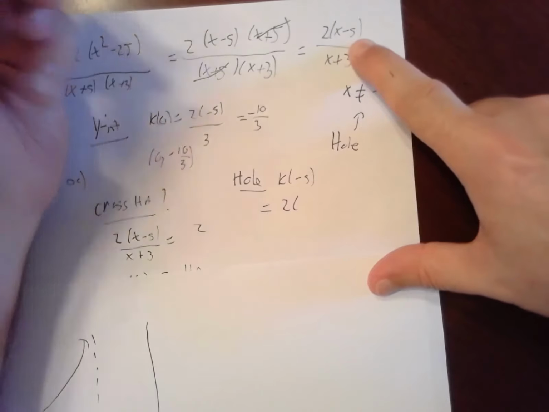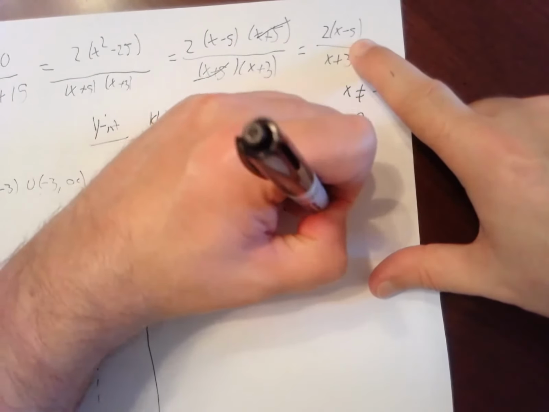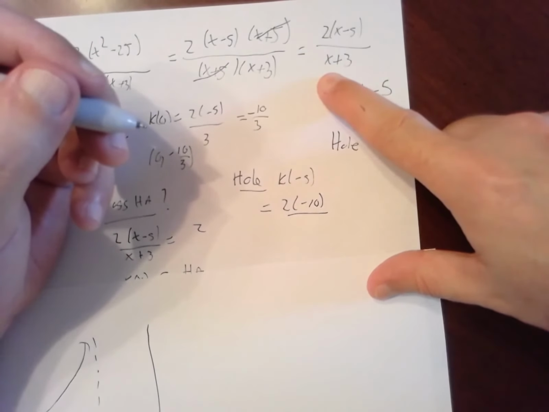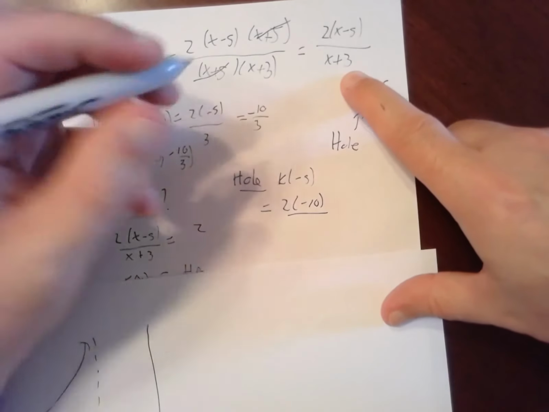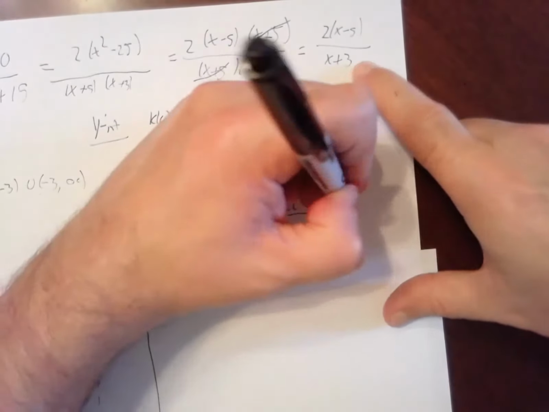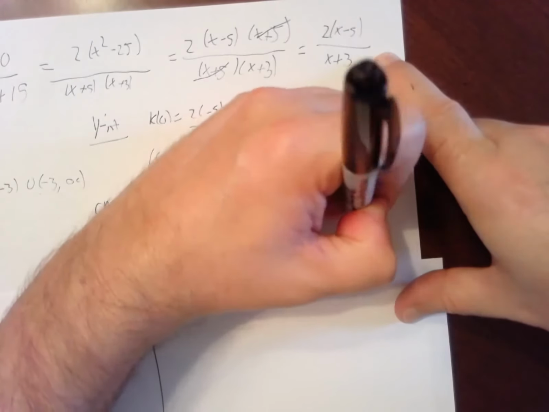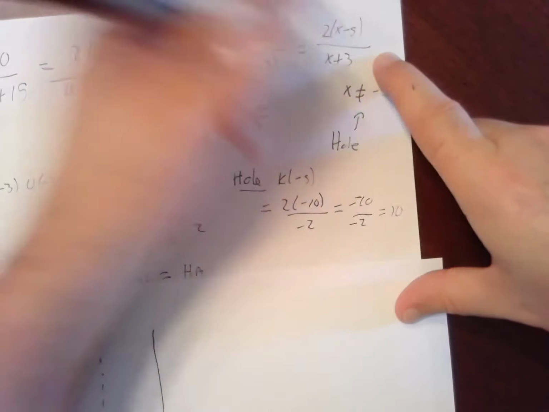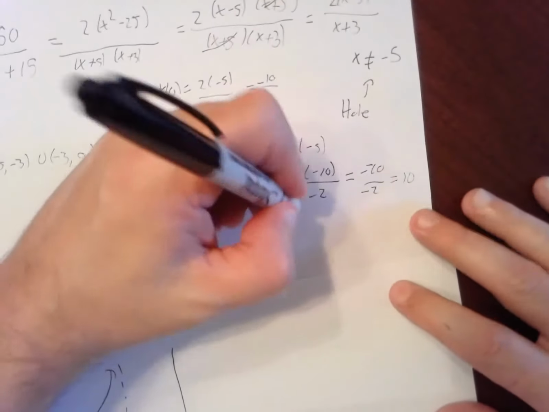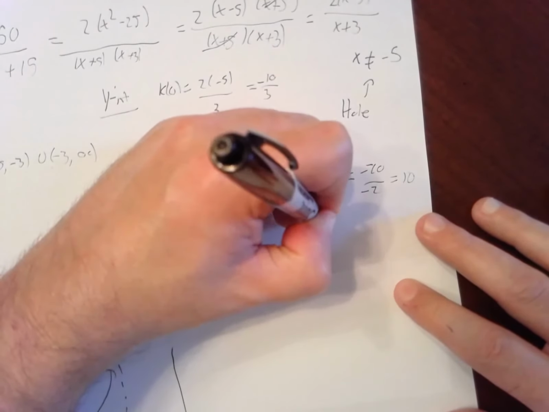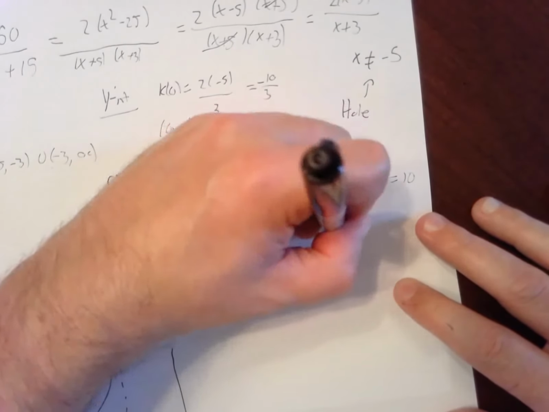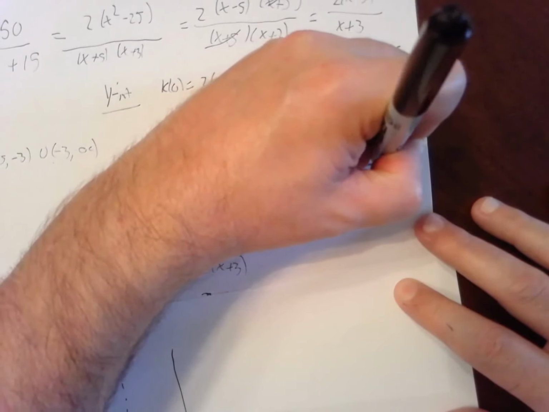-5 minus 5 is -10. -5 plus 3 would be -2, so that's -20 over -2, which is +10. So I get a hole at the point -5, 10.